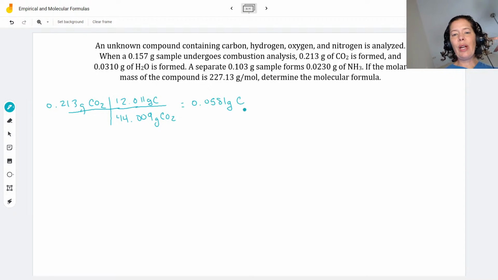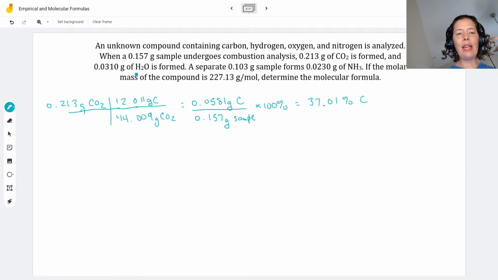Now, this grams of carbon came from my 0.157 gram sample. So I'm just going to divide that by 0.157 grams, my total sample, times 100%. And this gives me 37.01% carbon.